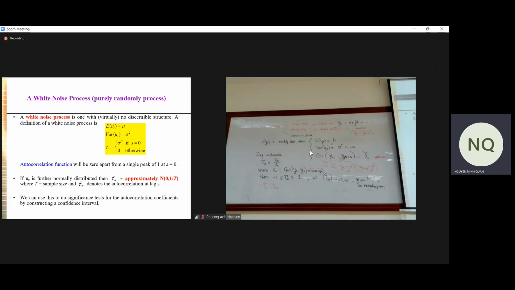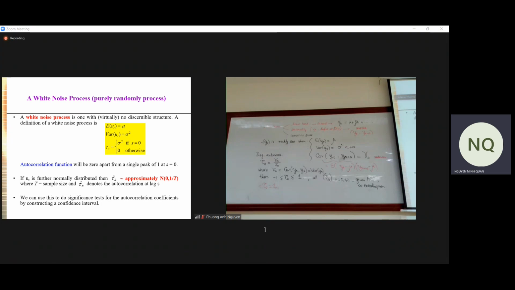From the data set you can calculate the sample mean, sample variance, sample standard deviation. With two series, you can calculate the sample covariance. And from the sample covariance and the sample standard deviation, you can get the sample autocorrelation. That's why I have a tau hat.